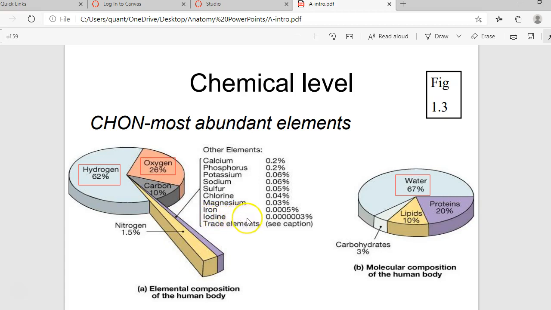So you've got to have that for proper metabolism. Iron, think about the iron in your blood, and carrying oxygen. Magnesium is involved in a lot of different enzymatic reactions, very important. So even though these things are not that big as a percentage of your total body, they can be very, very important.